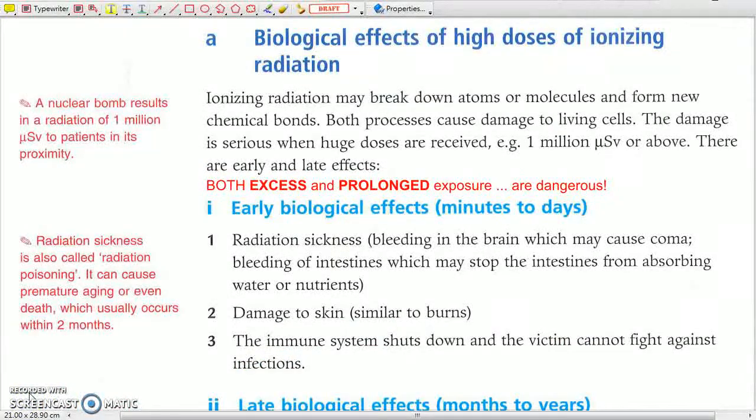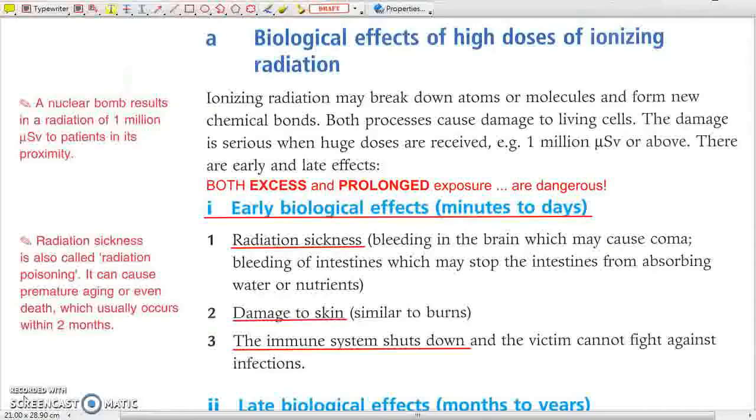Early biological effects. Radiation sickness includes internal bleeding of organs such as the brain or the intestines, damage to the skin similar to burns due to the high energy of EM radiation, or shutdown of the immune system that leads to subsequent infections. These are all fatal, and most victims die of these early effects.